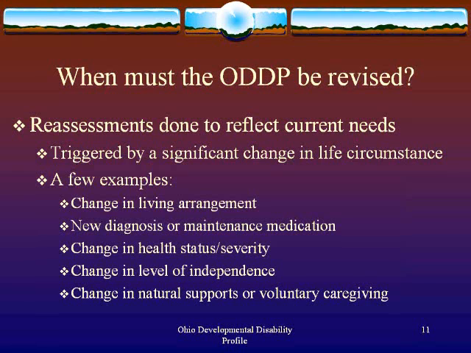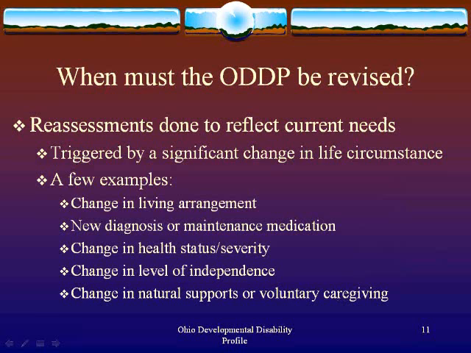When would you redo the DDP? Well, anytime there's a change in life circumstances. Anytime you may have a change in someone's functionality, say, I now have a severe health injury or status, so now I'm going to need assistance ambulating, or I broke a leg.